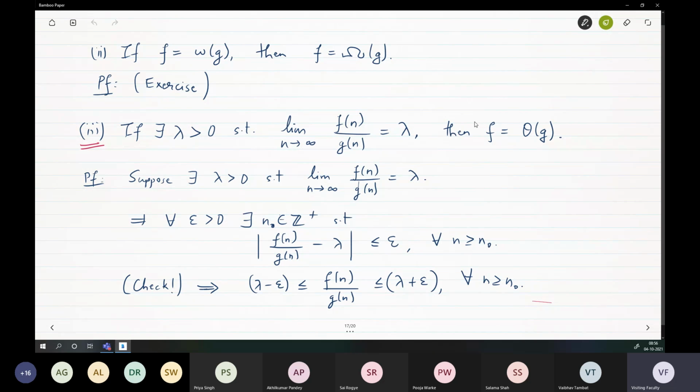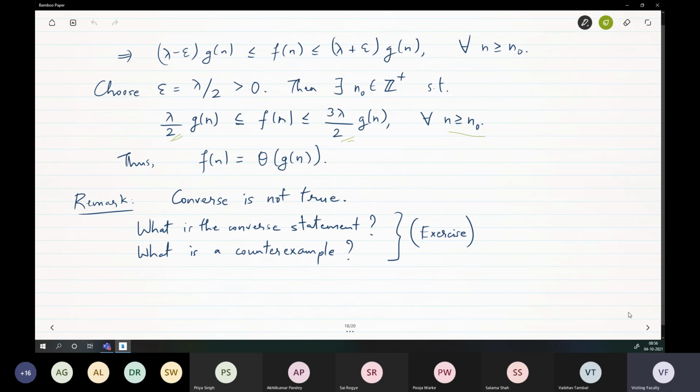There are examples of f and g where f is theta of g, but this limit does not exist. So that is the converse statement. f could be theta of g, but the limit fn by gn may not converge. What's a counterexample? Now find an example of f and g such that f is theta of g, but the limit of fn by gn does not converge.